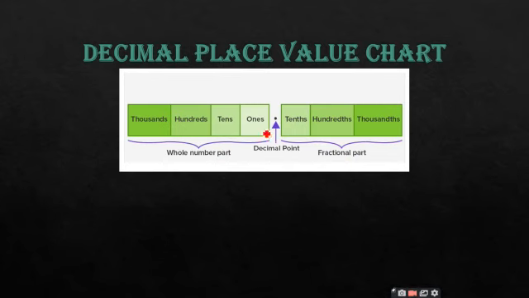So before the decimal we have ones, tens, hundreds and thousands, and then we have the decimal point, and after the decimal we have the place values tenth, which means 1 upon 10.